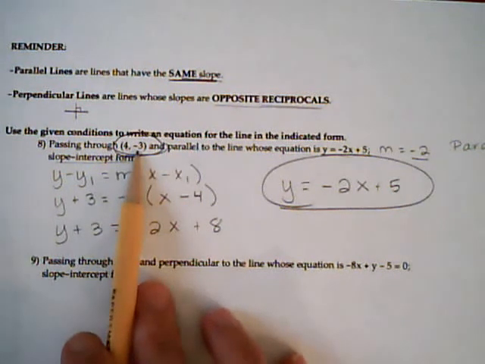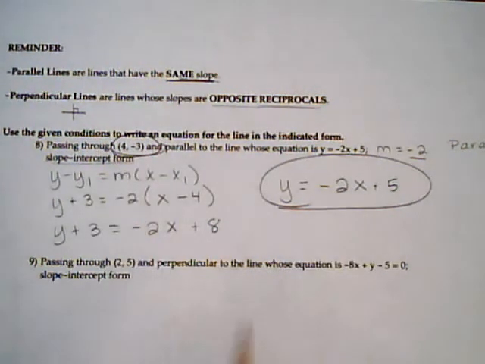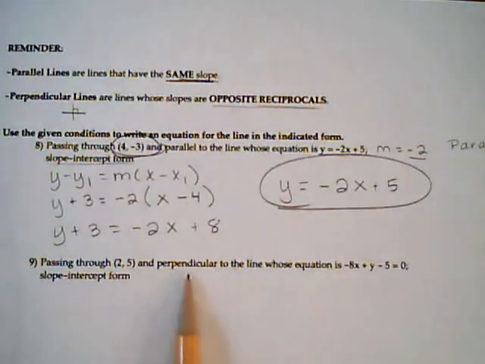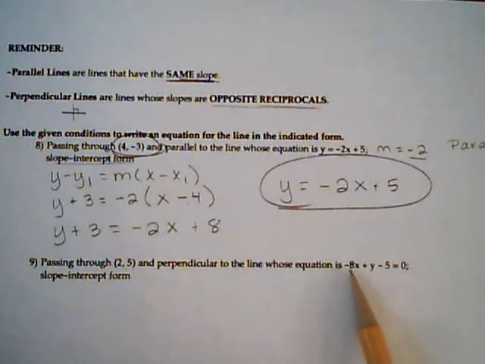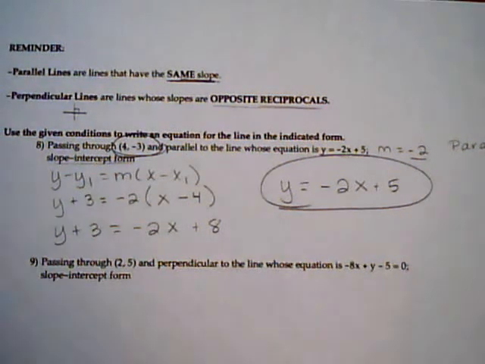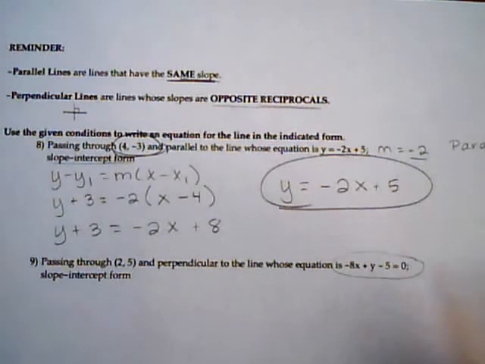Okay, the other type of problem you're going to have is going to be dealing with perpendicular. So it says passing through point 2,5 and perpendicular to the line whose equation is -8x plus y minus 5 equals 0. Well, I can't tell by looking at this one yet what its slope is.